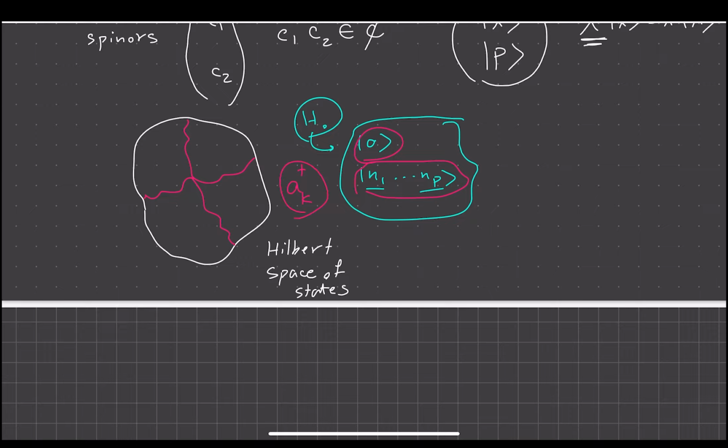If you remember, this creation operator acts on the vacuum, and it systematically makes all the states that you need to expand this whole Hilbert space. And this is called Fock space. The Fock space is the space that you construct from a certain vacuum, but that vacuum should be the eigenstate or eigenvector of the Hamiltonian operator.